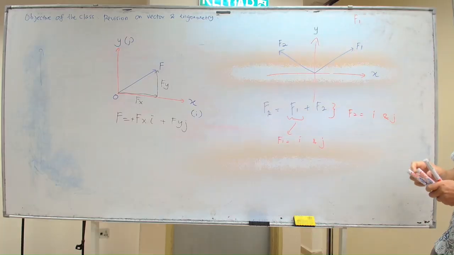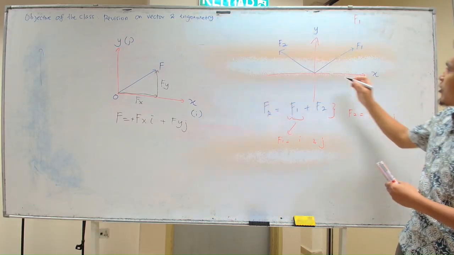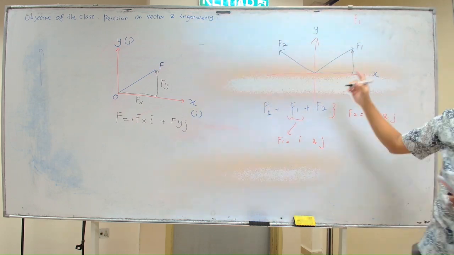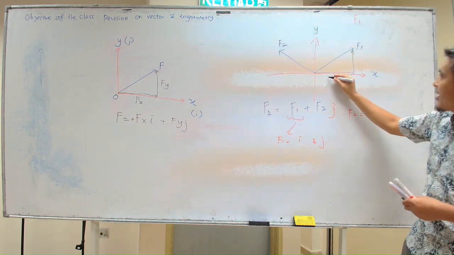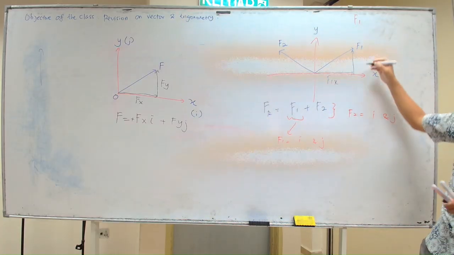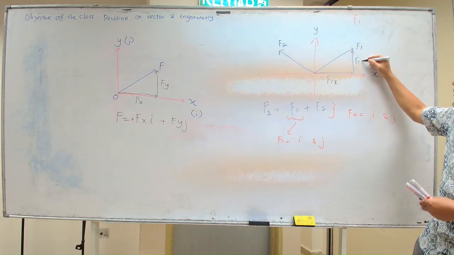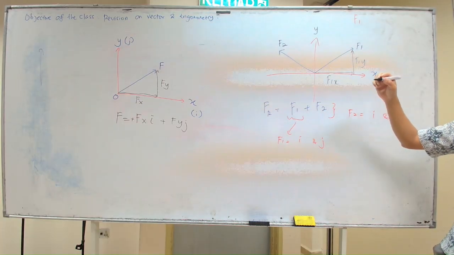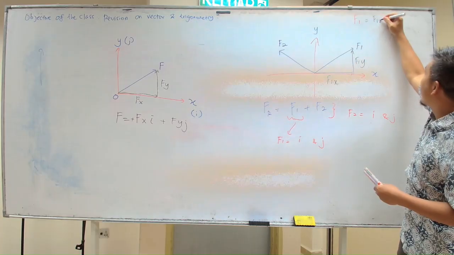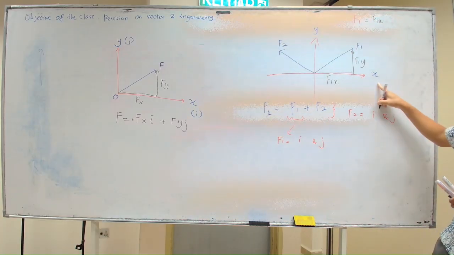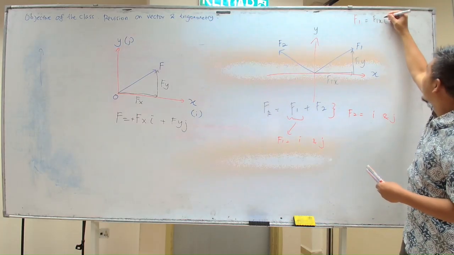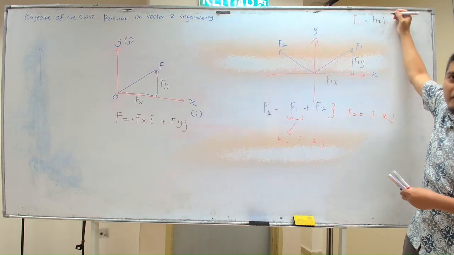For sure, F1 is the combination of this thing, is it correct? Which is F1 at the X and F1 at Y. So F1 is F1X in the positive I direction, is it positive or negative?